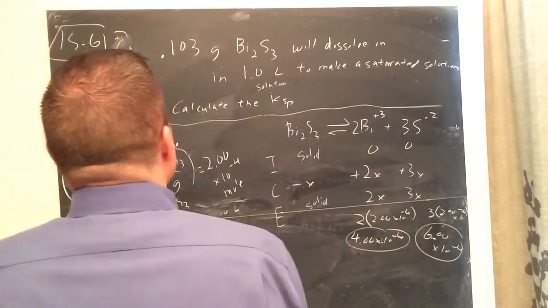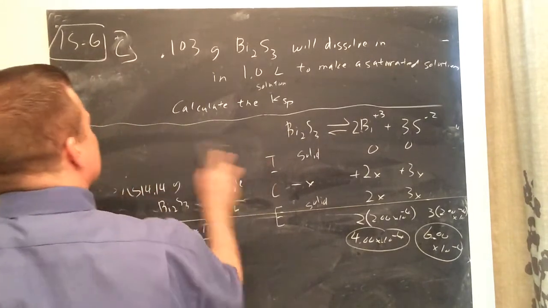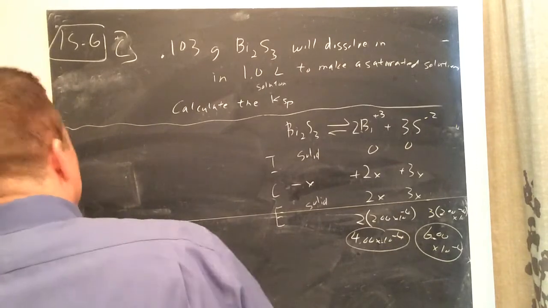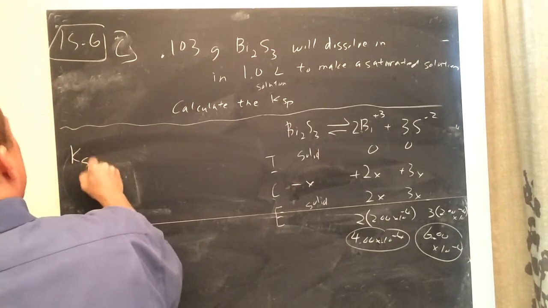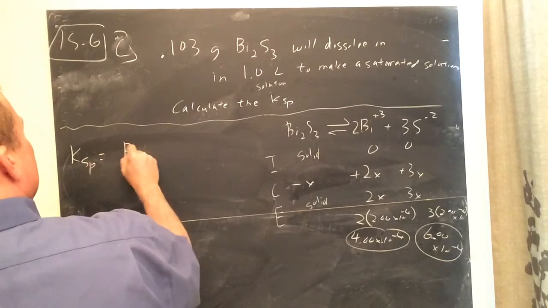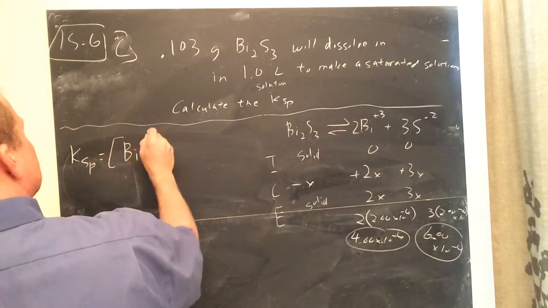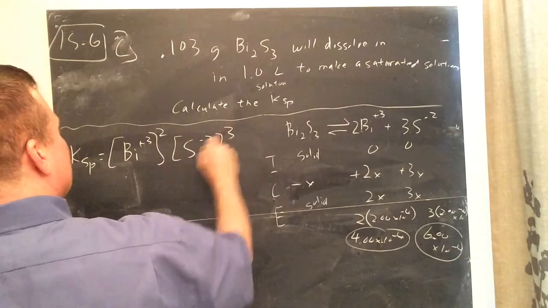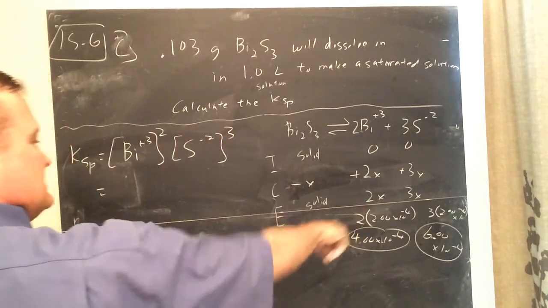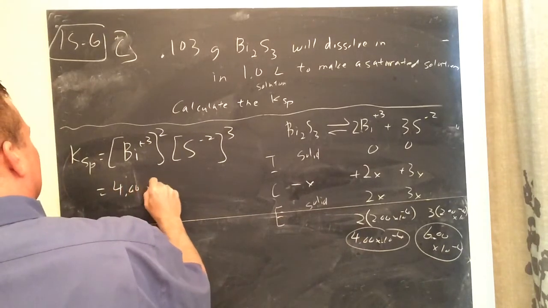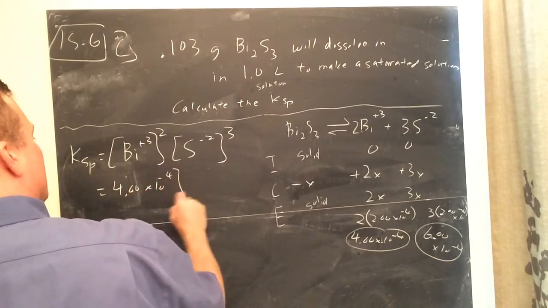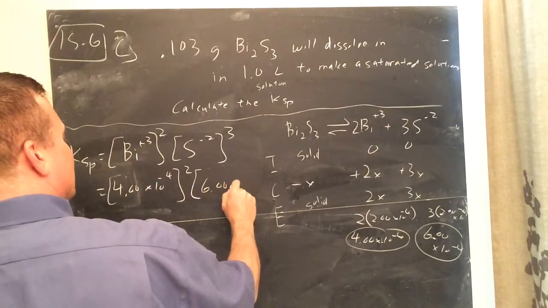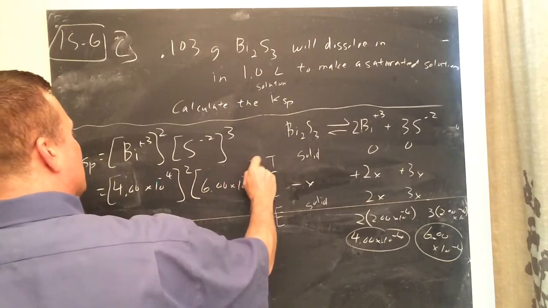Now, to find the Ksp, I'm going to have to erase this because my chalkboard is not big enough here, my video screen, whatever. Ksp will equal, we did this in the other part, right? Bismuth ion squared times the sulfide ion cubed. So bismuth is going to be 4 times 10 to the negative 4 squared times 6 times 10 to the negative 4 cubed.